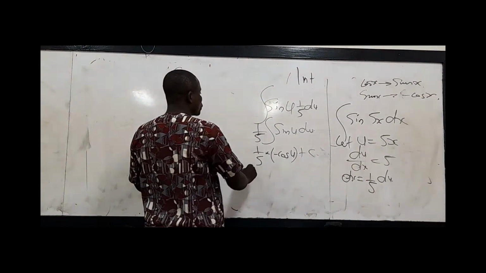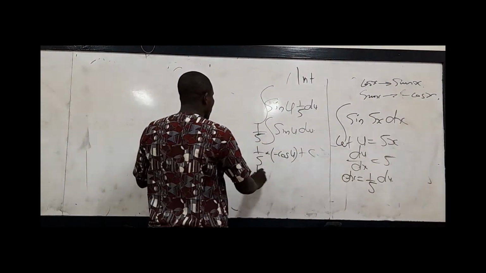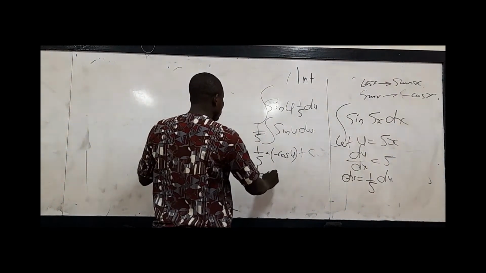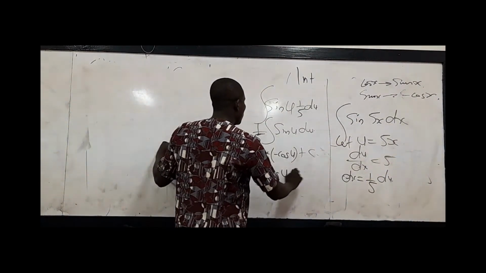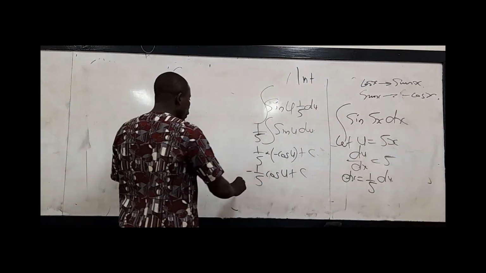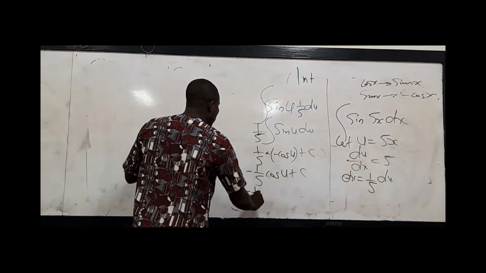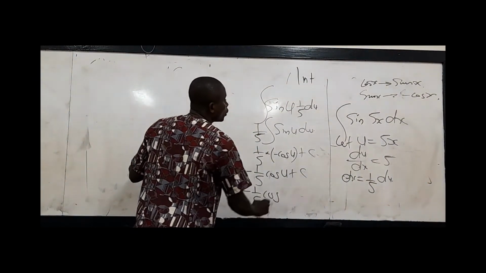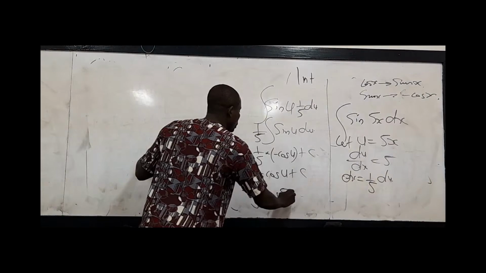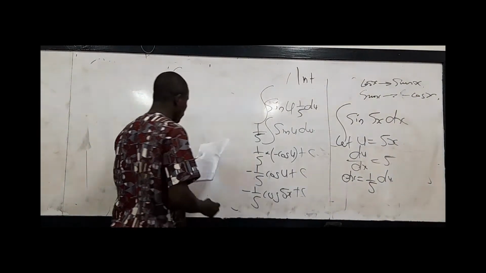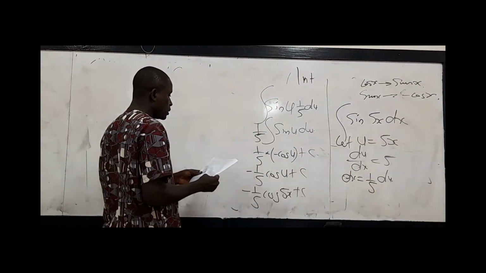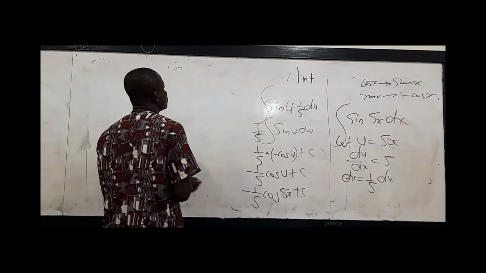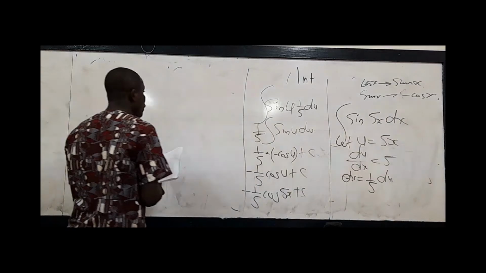So in effect, I'm going to get negative 1 over 5 cos u plus c. And you know u, so negative 1 over 5 cos 5x plus c. That's it, okay? We are still on integration, okay?